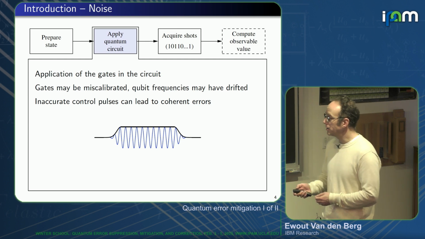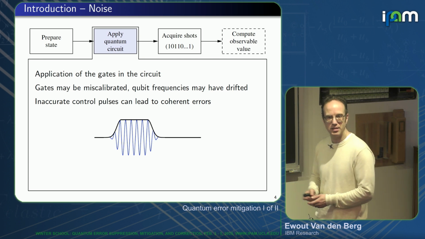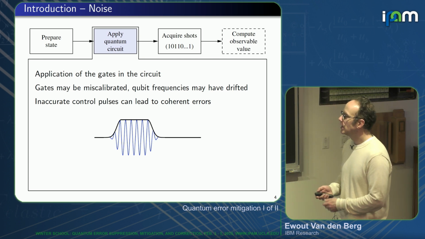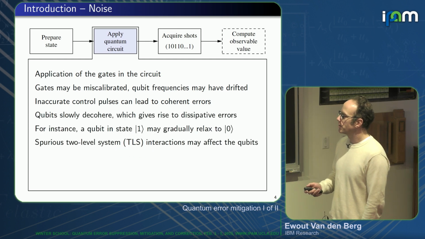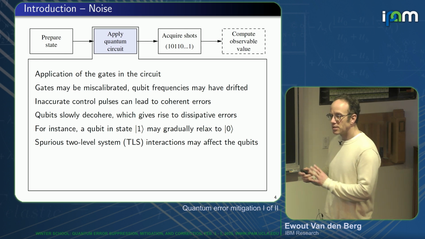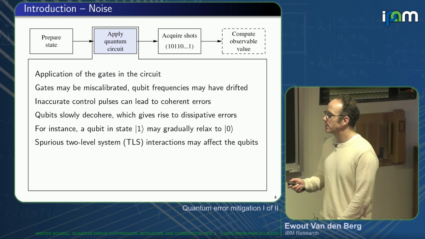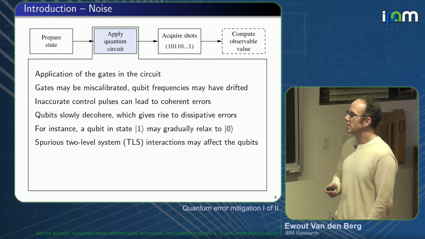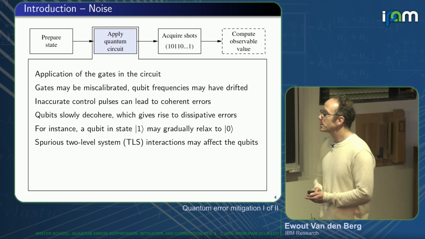You may under-rotate, or maybe the pulse length is too short or too long. And this just leads to inaccurate gate applications, right? At the same time as applying this gate, the pulse, there are other processes going on. Qubits may slowly decohere, so that gives rise to dissipative errors.